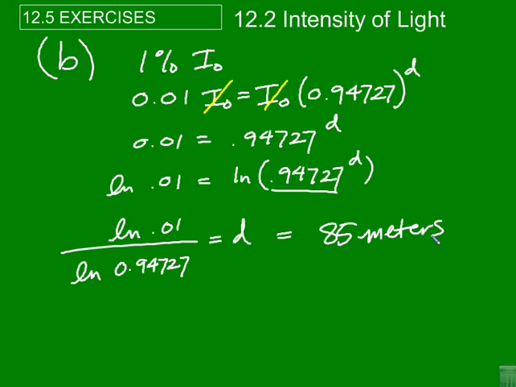Okay, so at 85 meters down, you've got 1% of the light left that was present on the surface.